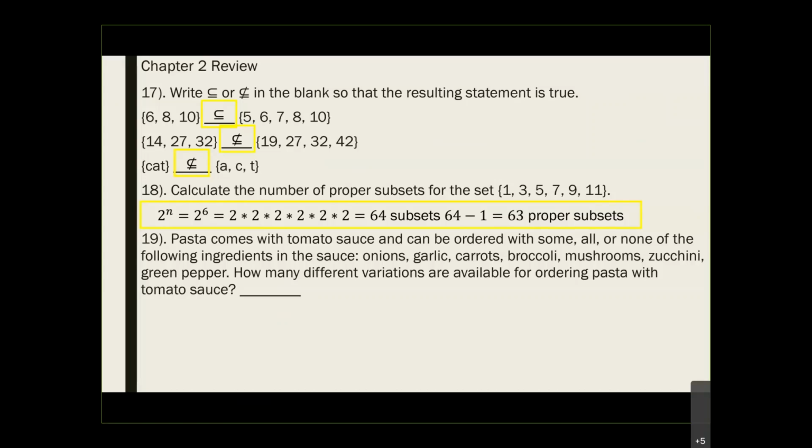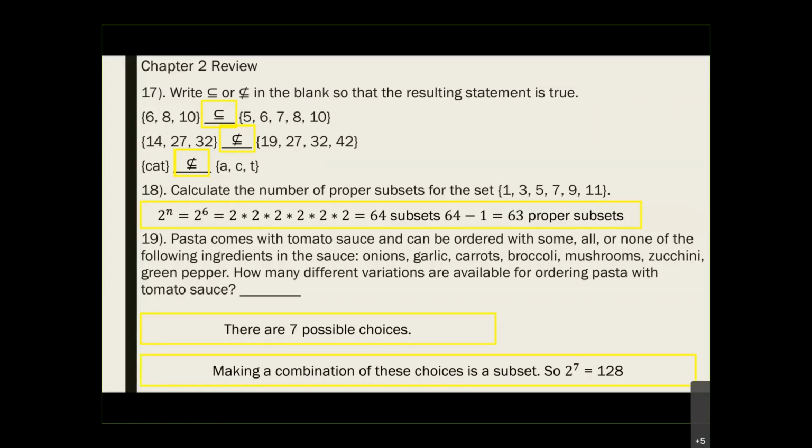Looking at this, you have to ask yourself how many ingredients we have, which is again onion, garlic, carrot, broccoli, mushroom, zucchini, and green pepper. That's 7 possible choices, so that's your 7 different elements, the same idea, that's your n.